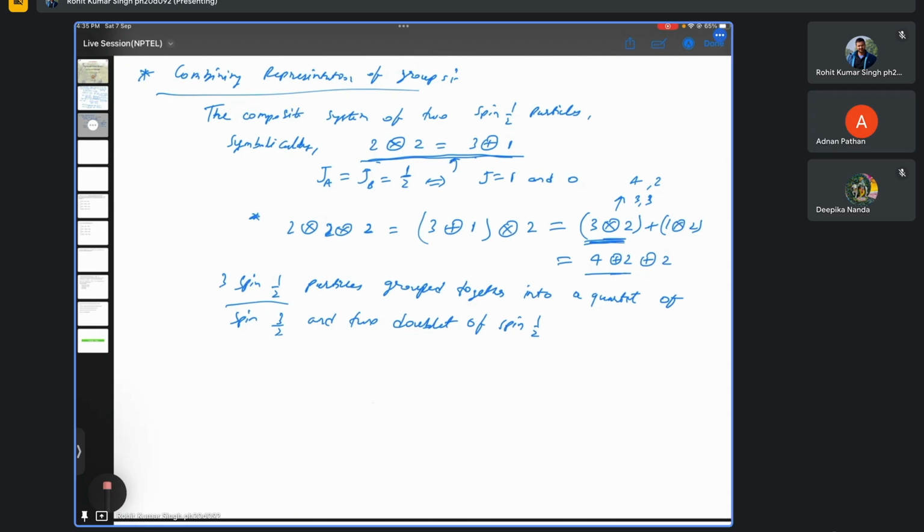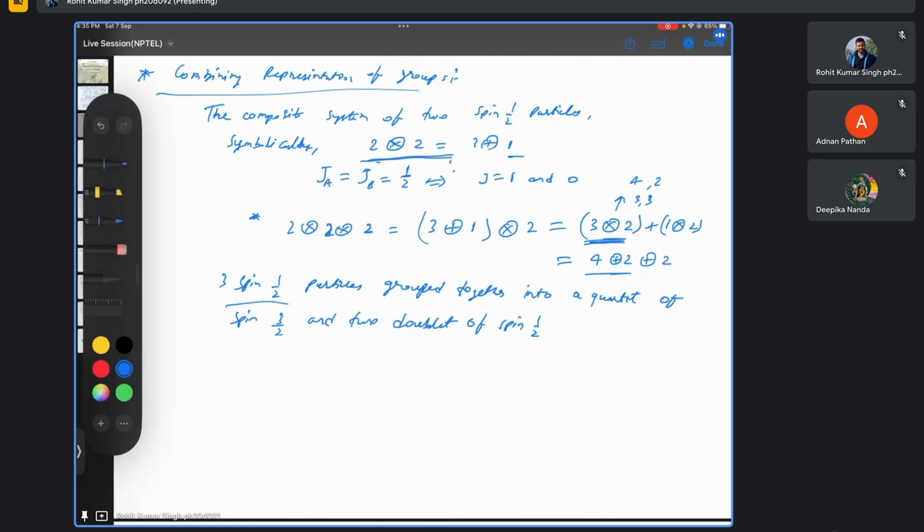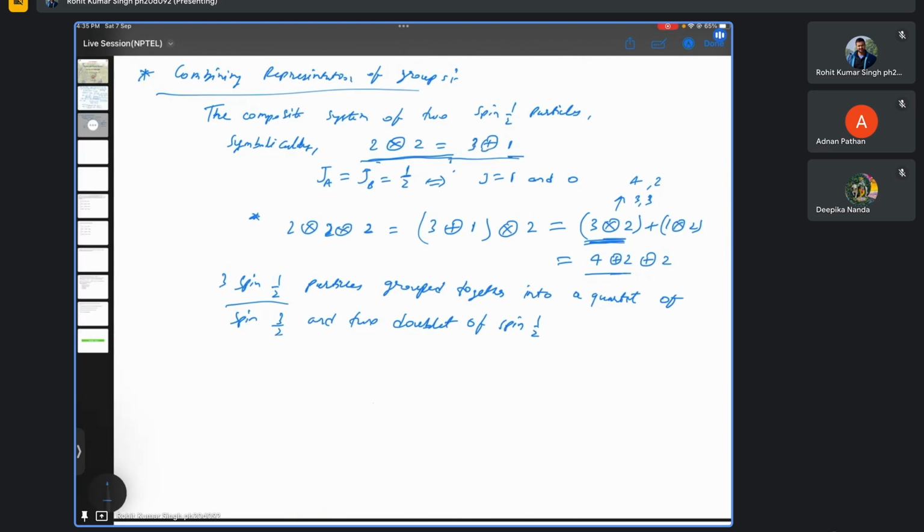No, so that is not why. When we group two spin half particles, we get a triplet and a singlet. Here we don't get a spin half doublet, right? So that is not true. What you are saying is, because we are grouping three spin half particles, we need to get spin half after grouping, right?